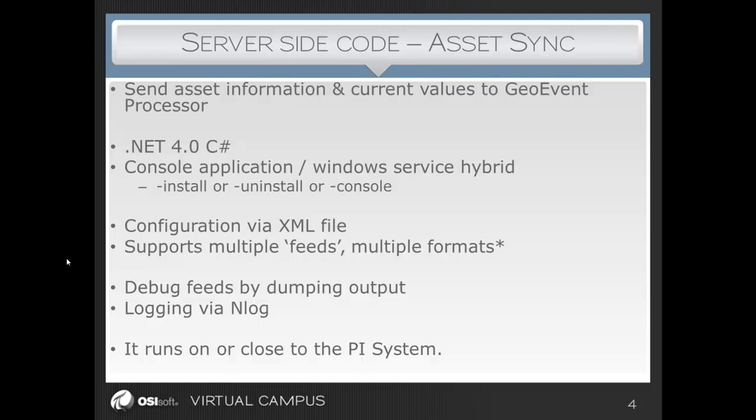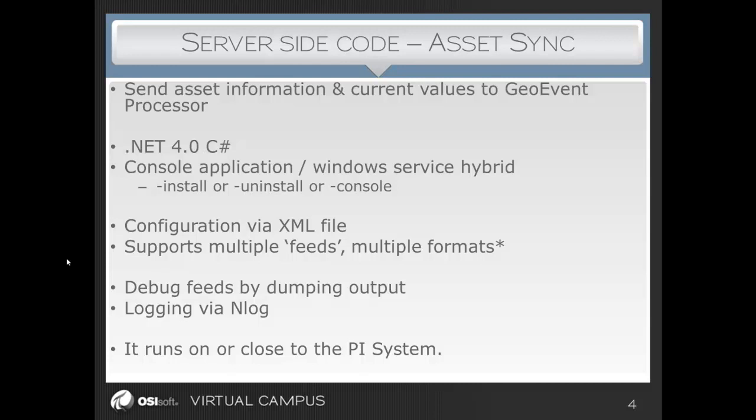There's also the possibility of not just sending it to the GeoEvent processor, but basically dumping the output to a file, and this can really help you with debugging when you're connecting to the GeoEvent processor. We also have logging capabilities via NLog. This will allow for a very customizable logging experience.